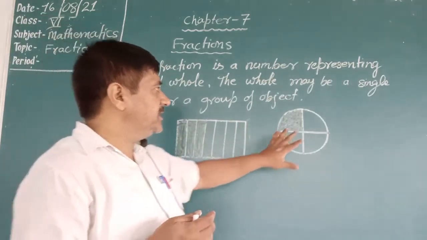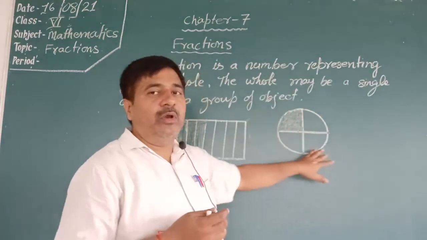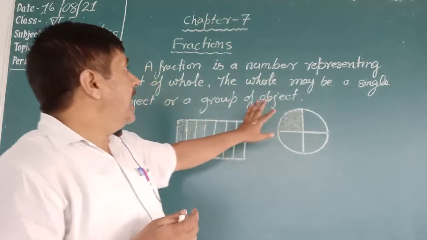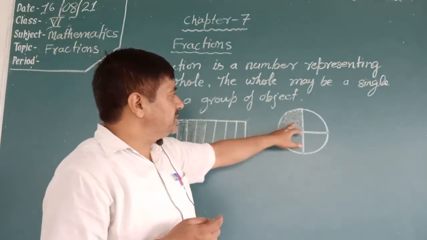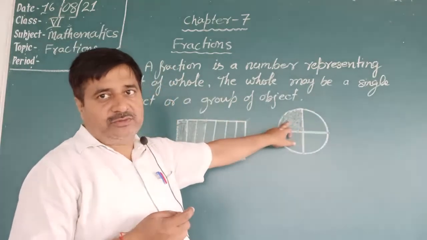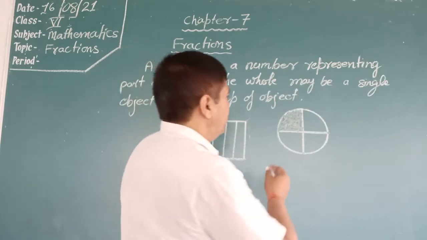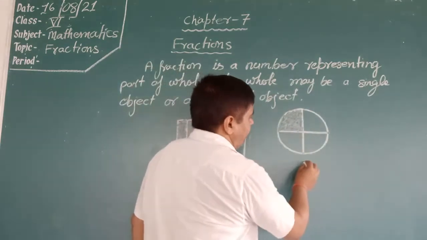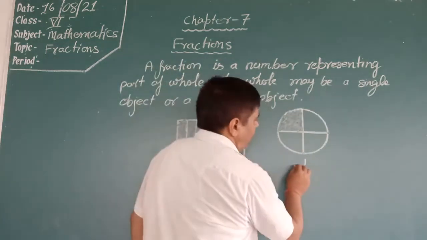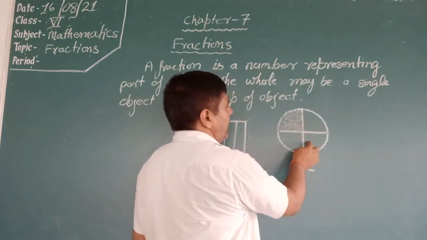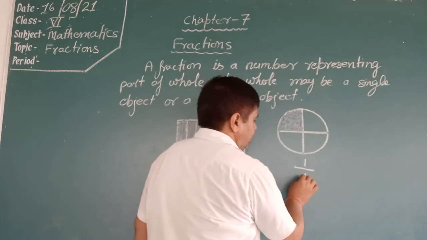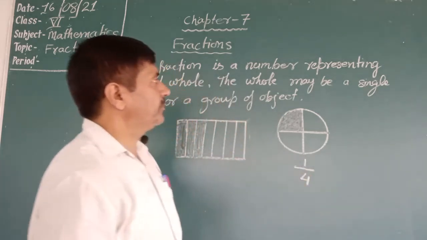For example, that is a whole and this is one part. Okay, so then you write: one part of the whole, how many parts are there? 1, 2, 3 and 4. So that is out of 4.